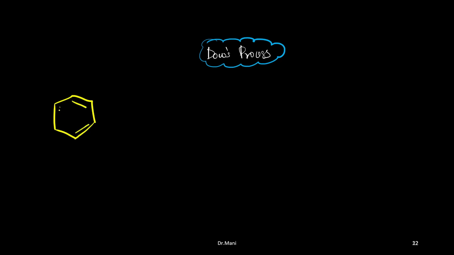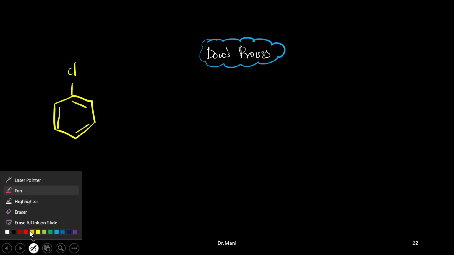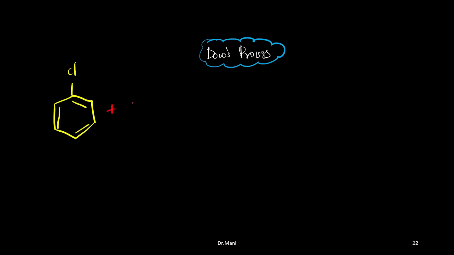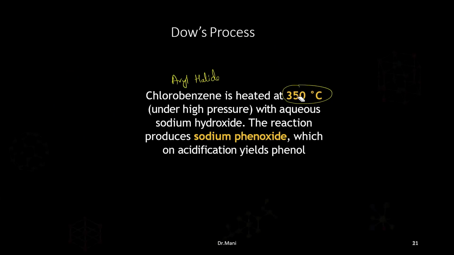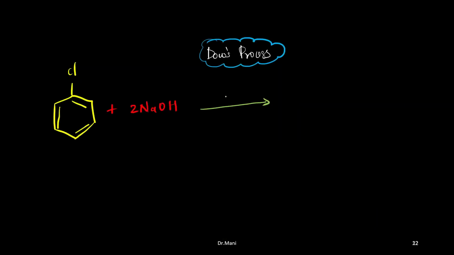I draw chemistry diagrams better than the bio ones, yes or no? So when you react this with sodium hydroxide, NaOH, under certain conditions, what are those conditions? Just now I told you the temperature: 350 degrees Celsius and 300 atmospheric pressure, high pressure.